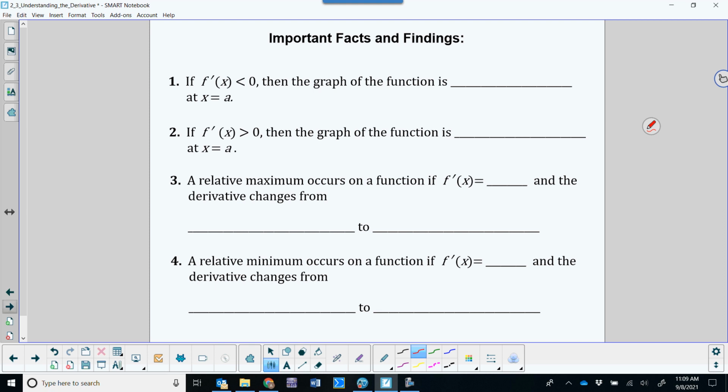And so important facts and findings: if the derivative is less than 0, then the function is decreasing. If the derivative is greater than 0, then the function is increasing. If the derivative equals 0, then what's going to happen is you could have a relative maximum if the derivative is 0 and the derivative changes from positive to negative.